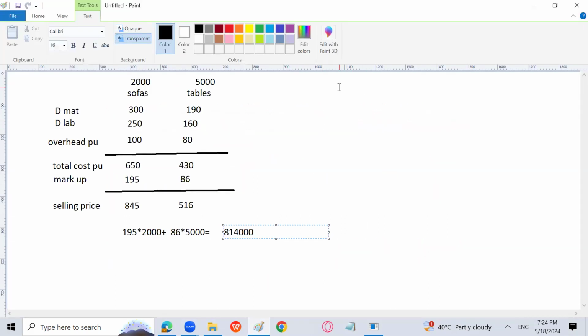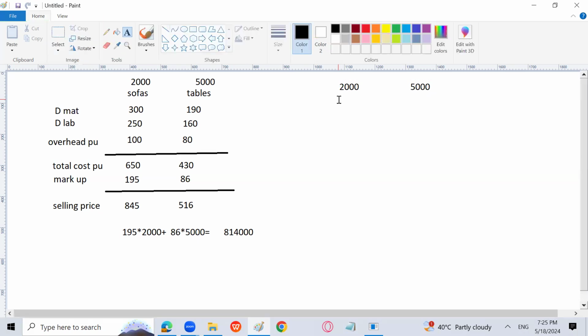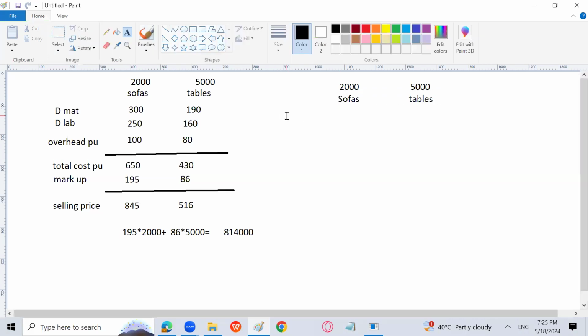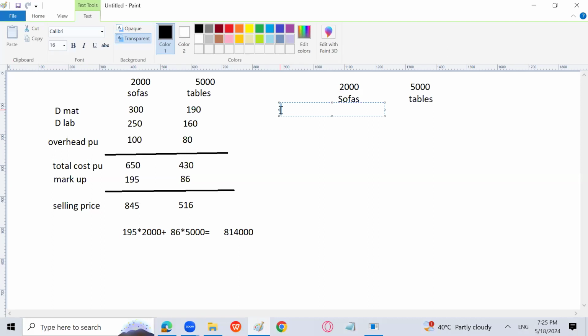So we are going to solve the question once again, but according to activity-based costing. Let's write the sofas first over here, and then I will use the tables over here. First will come direct material. As we have written the direct material in our previous part, that will remain the same. Then I will write direct labor. That will also remain the same.